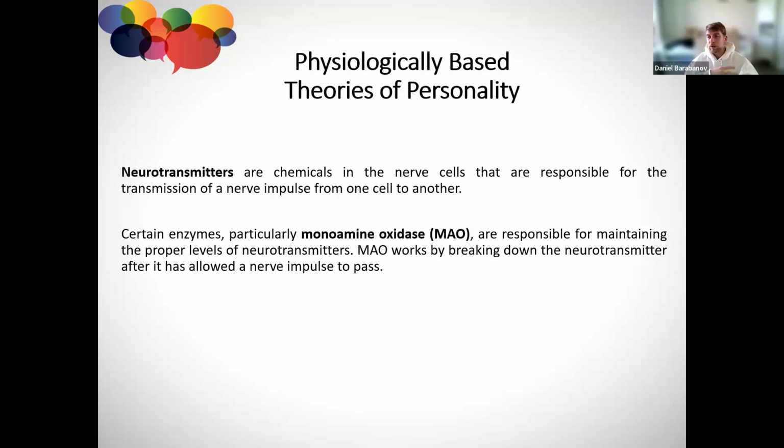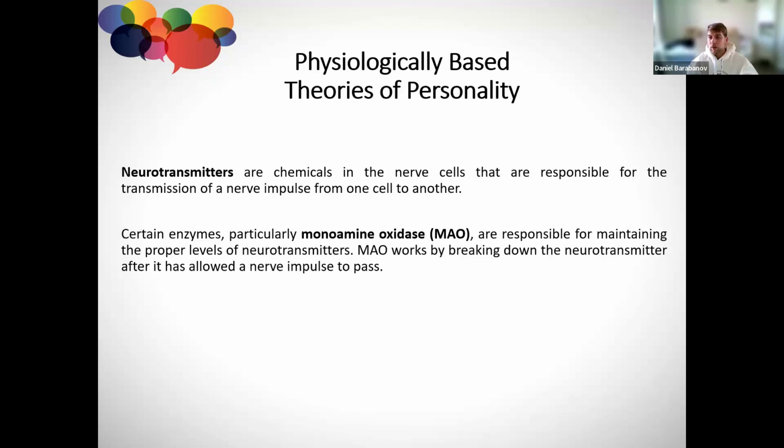So neurotransmitters are released in the synaptic gap, and they help to transmit an electrical impulse to activate the next neuron and send the message on. But those neurotransmitters need to be removed from the synaptic gap so the neuron can fire once again, right?